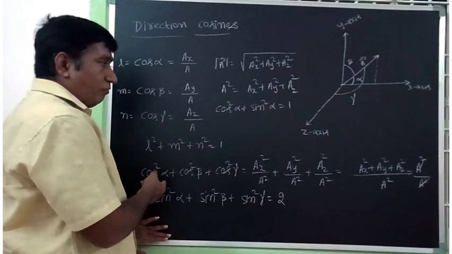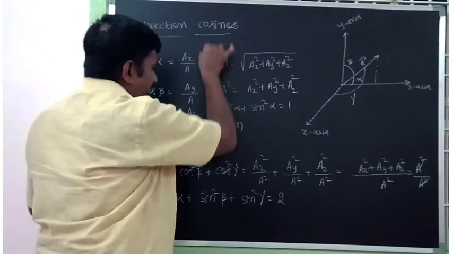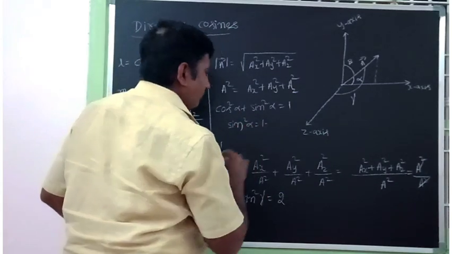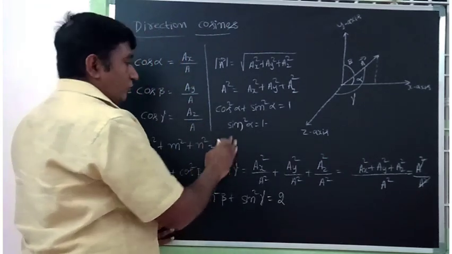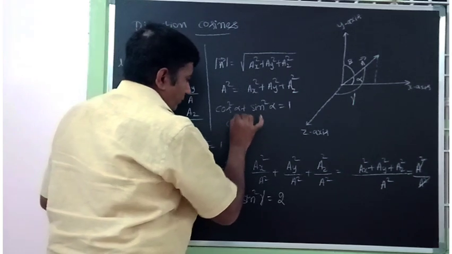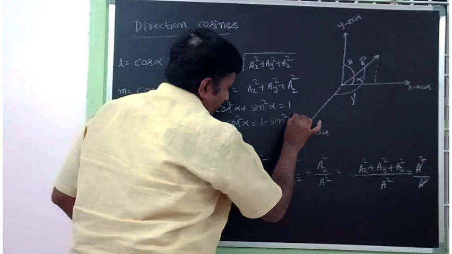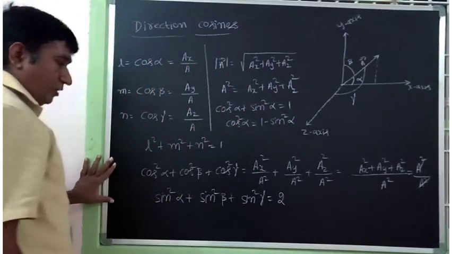Here I am taking alpha. With the help of this, I can write cos square alpha is equal to 1 minus sin square alpha.